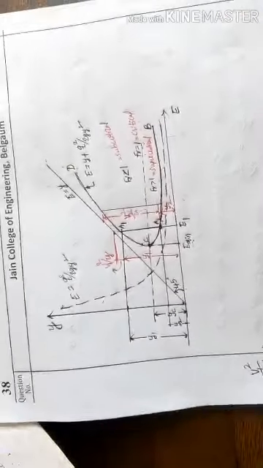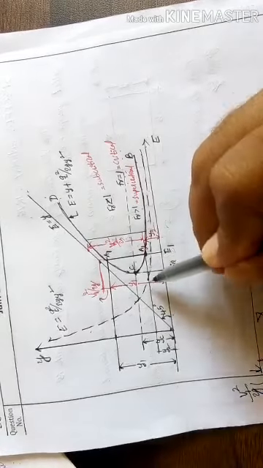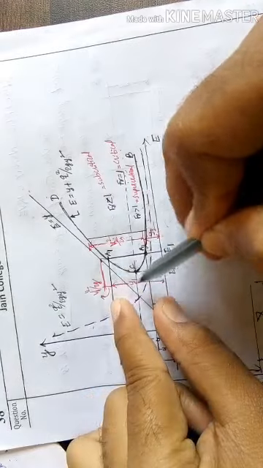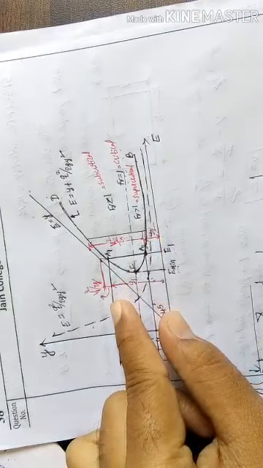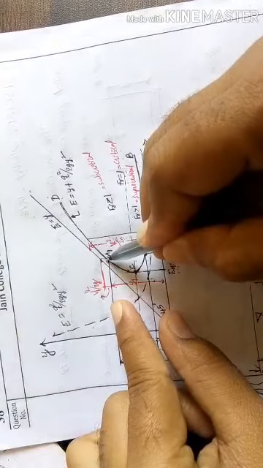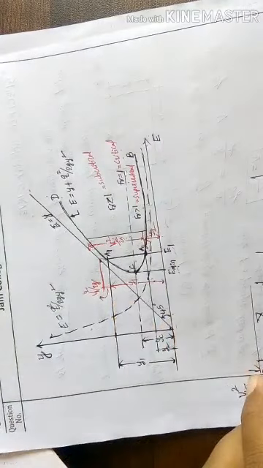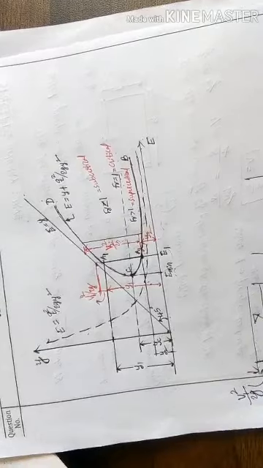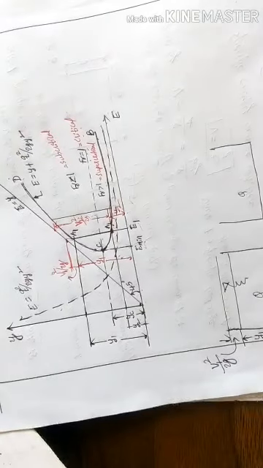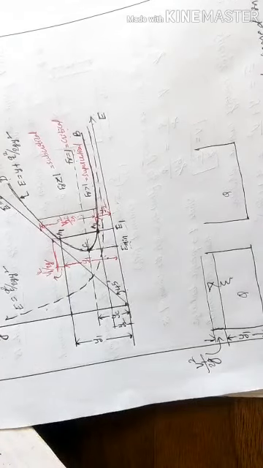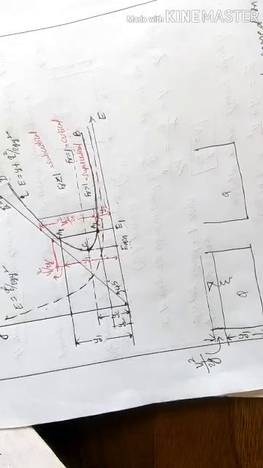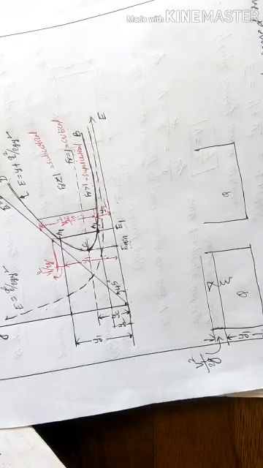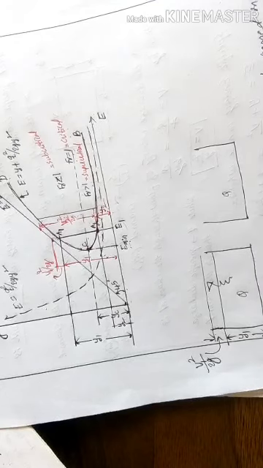See, here we are having two depths, y1 and y2. So y1 is the higher depth, but the velocity here is low, the velocity is very less. For y1, the velocity is v1. Then y1 is greater than y2.